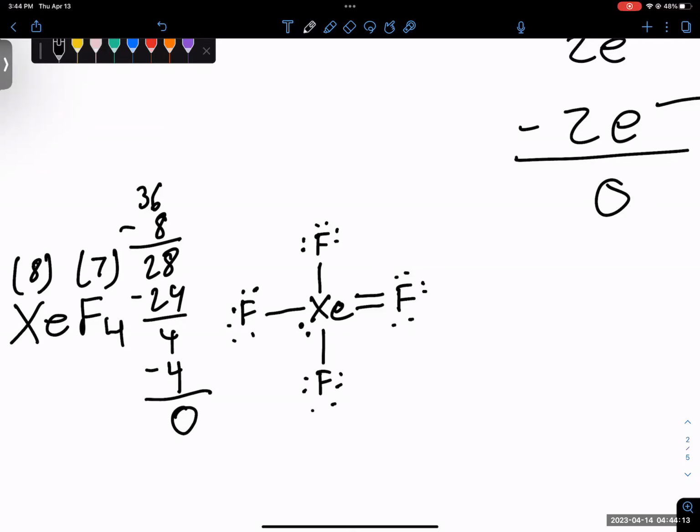Remember, everything that can have an expanded octet has a D subshell, and that starts on period 3. So period 3 and below is able to have an expanded octet. Fluorine is in period 2, so it can't have an expanded octet. So 10 electrons would be that fluorine is probably crying right now.